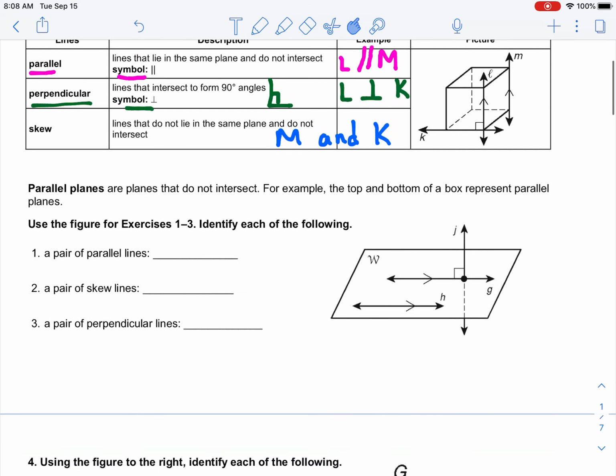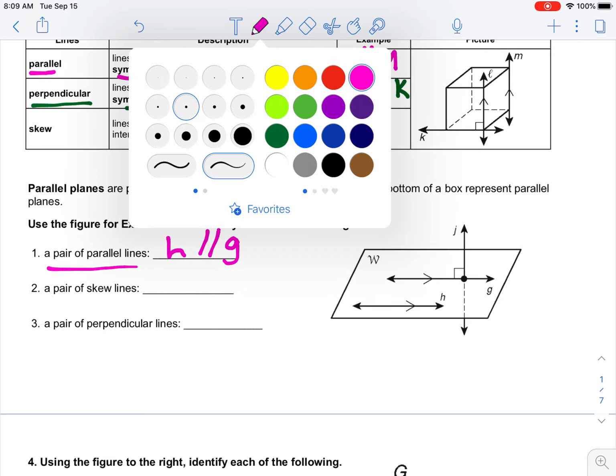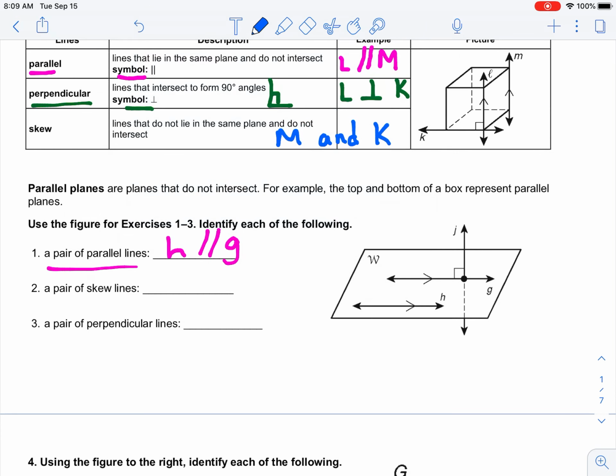So now we're going to answer some of those. In our picture, we're going to look for parallel lines first. Name a pair of parallel lines. We need to find two lines in this picture that run the same direction. You'll notice H and G run the same way, so H is parallel to G. The next one asks us to find a pair of skew lines. I'm going to look for a line that's not parallel, not touching, and runs a different direction.